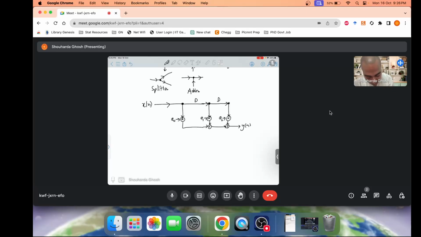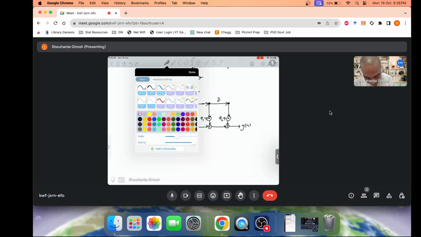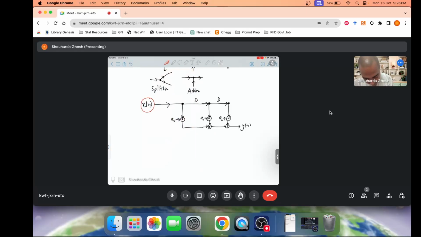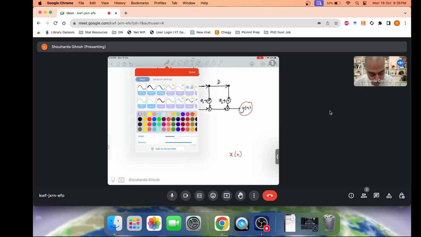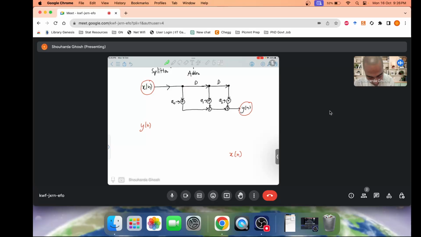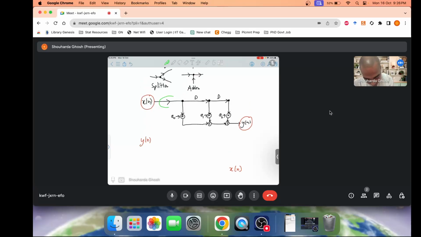Now what should we do? First interchange input and output. Let me do color coding so that all the steps are clear. So we have interchanged them. Now we reverse the arrow directions except the constant coefficient multipliers. They will remain unchanged.